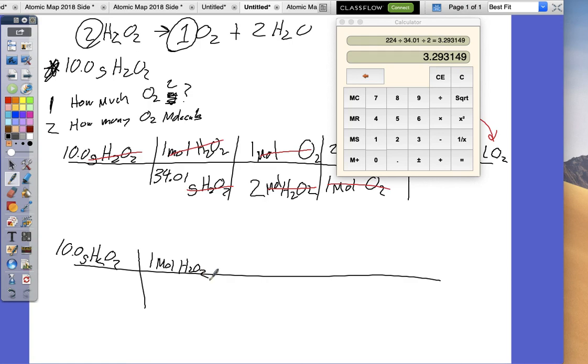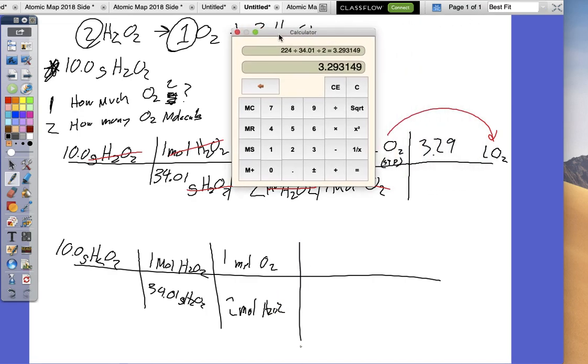Underneath that, that is 34.01 grams H2O2. All right. Then our ratio is still 1 to 2. 1 mole of O2, and this is 2 moles of H2O2, right? And then we have to look at what we're doing next.